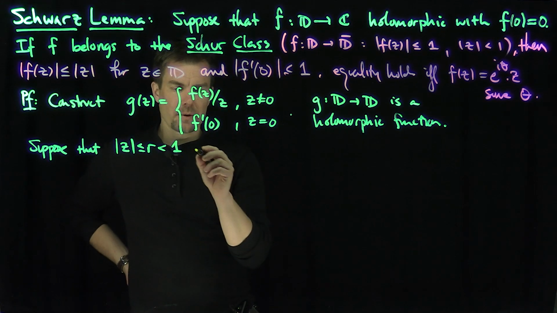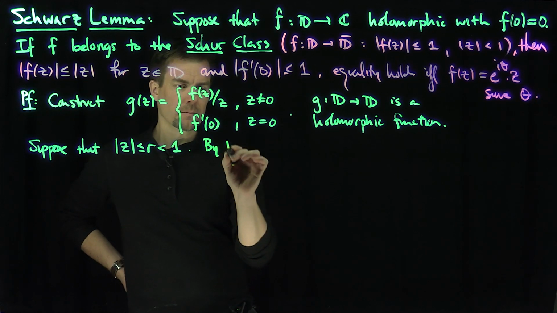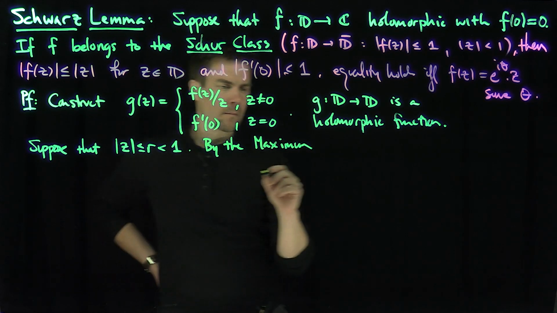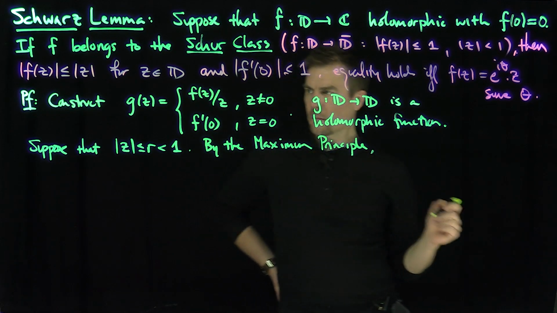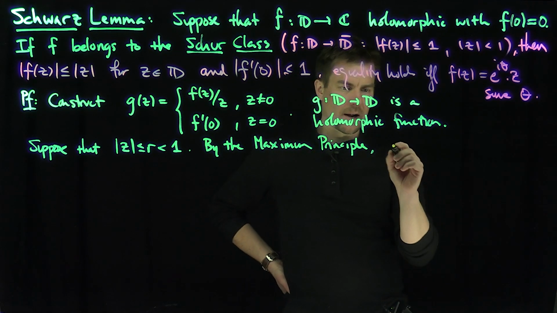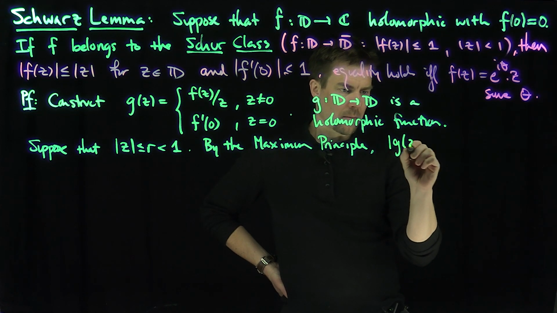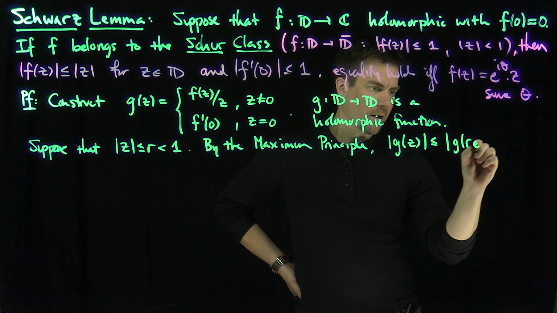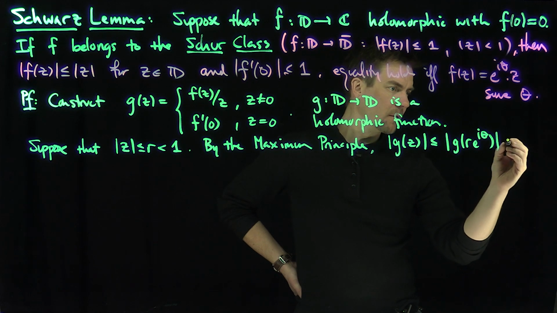And so by the maximum principle, what can I say about the modulus of g of z? Modulus of g of z is less than or equal to modulus of g of r e to the i theta, for some theta.